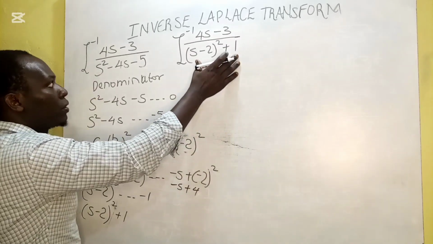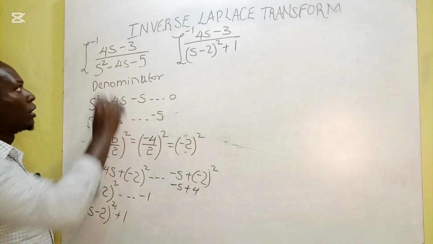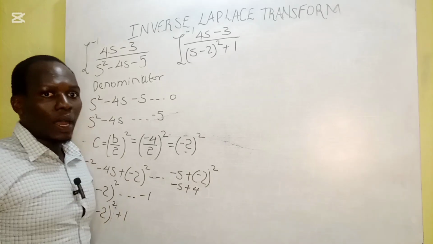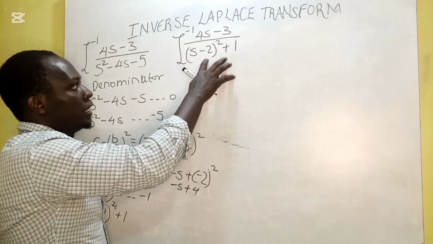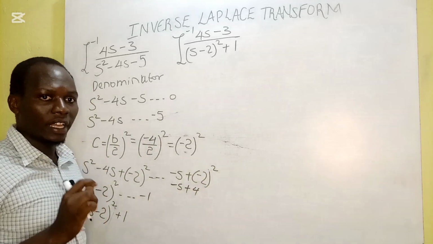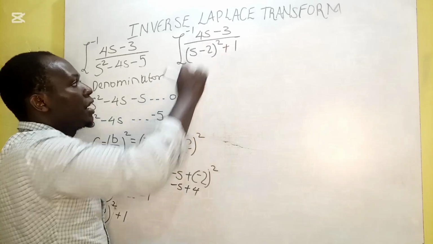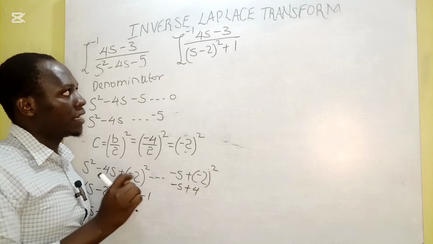Whatever we are having at this point is equal to whatever we are having here. Let us now start our working here. After rewriting the denominator, when we check the term of s, it has been shifted, to mean that here also we must shift our term of s.